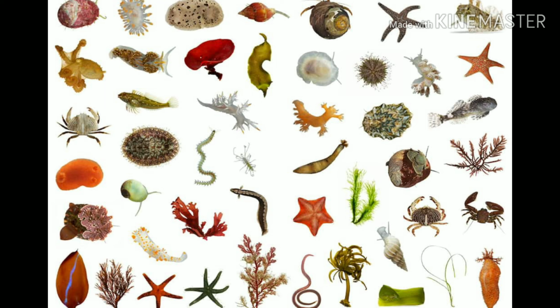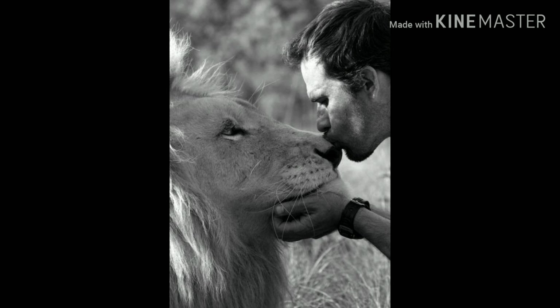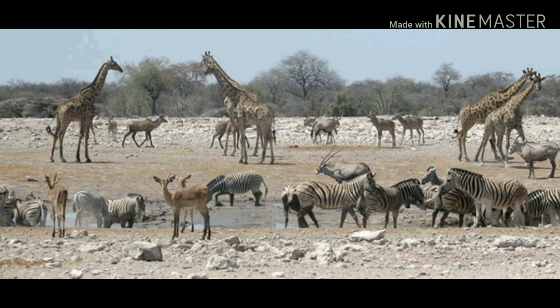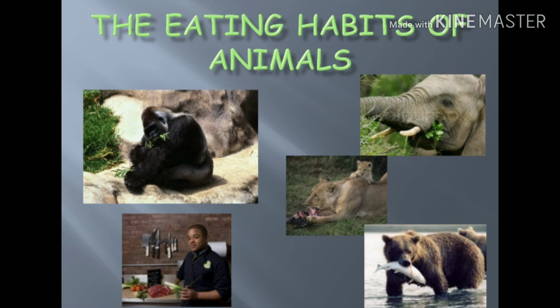Man is also a kind of animal. Animals move about in search of food and shelter. Different animals eat different kinds of food. Some animals eat only plants, while some eat flesh of other animals. Some animals eat plants as well as flesh of other animals.